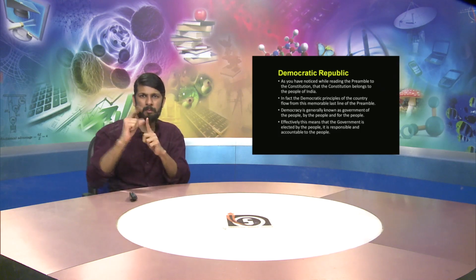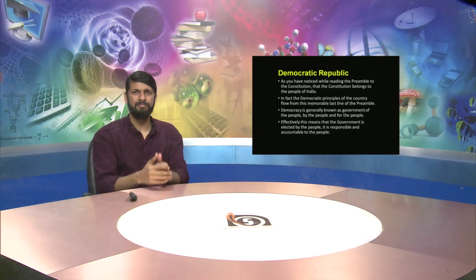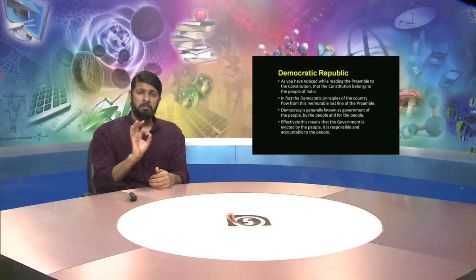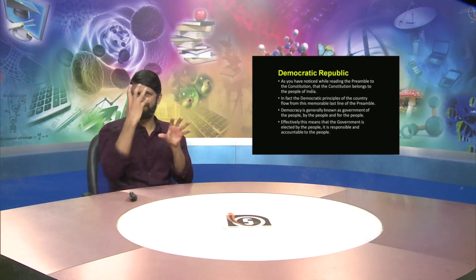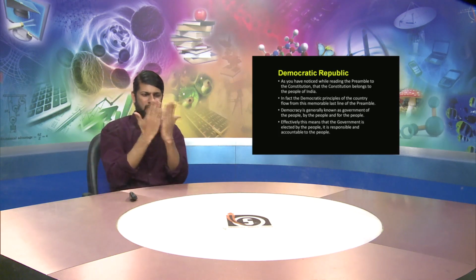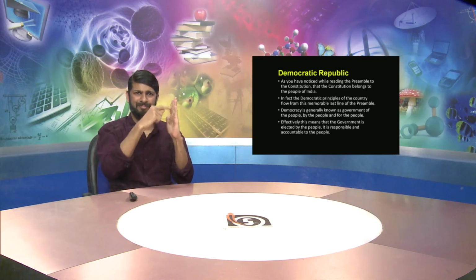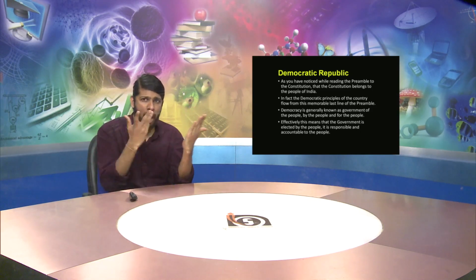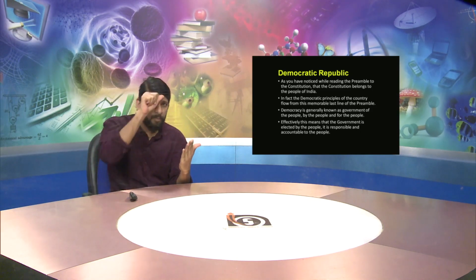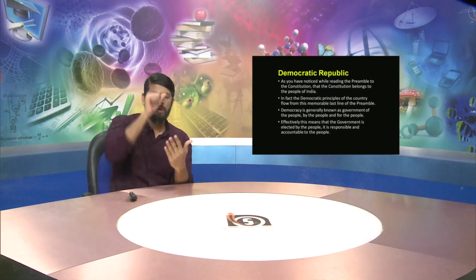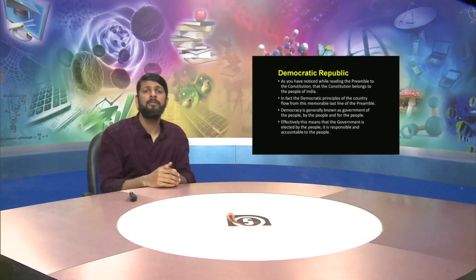Democratic republic. As you have noticed while reading the preamble to the Constitution, the Constitution belongs to the people of India.